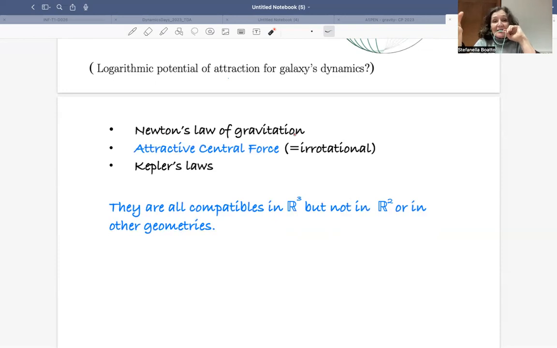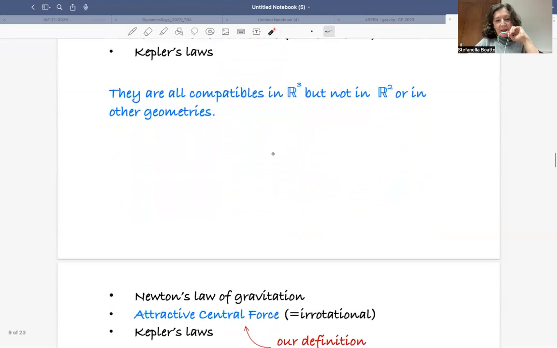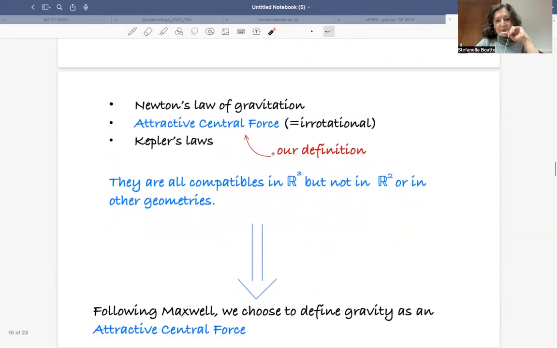We choose the attractive central force as our definition. And this is a natural choice for us because it follows what Maxwell did for electromagnetism. And so this will be our definition.